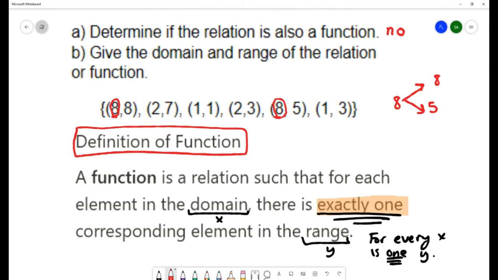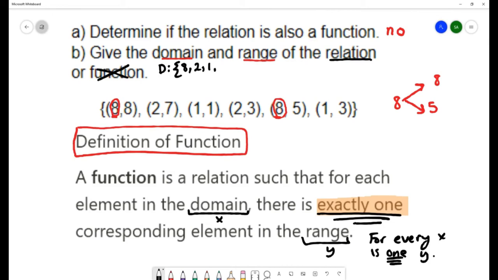And then we want to find the domain and range of this relation. We already said it's not a function, so it's a relation. The domain is a set of all x's. So I'm going to create a set with curly braces, and I'm going to list the x's. So we have an x of 8, an x of 2, an x of 1.